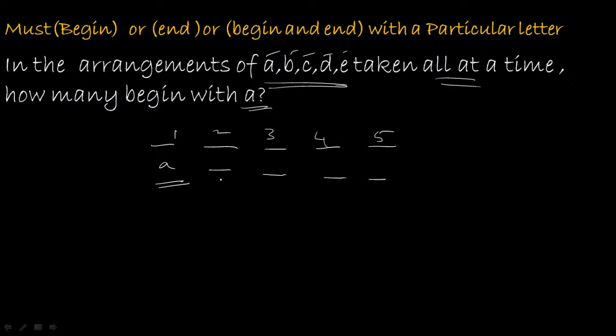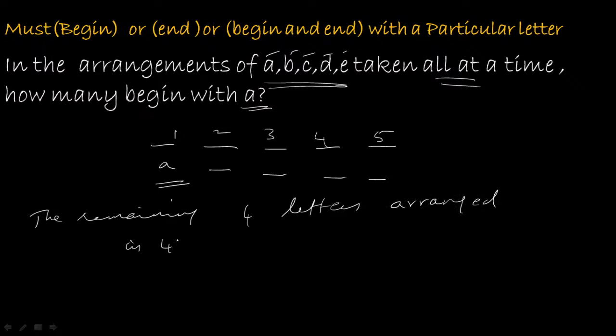That is, we have the remaining 4 letters for 4 positions, arranged in 4P4 ways. That is 4P4, which means 4 factorial, equal to 24 ways.